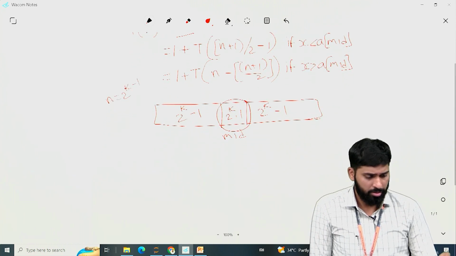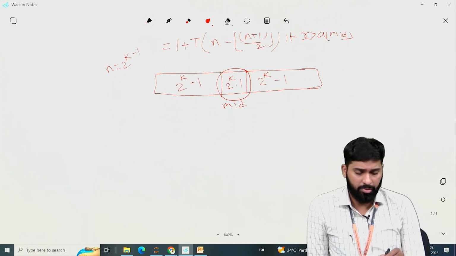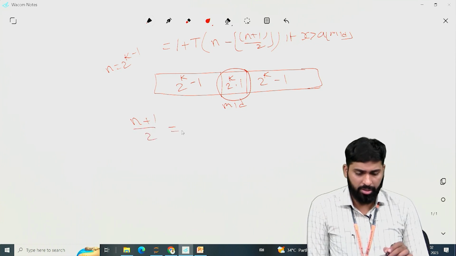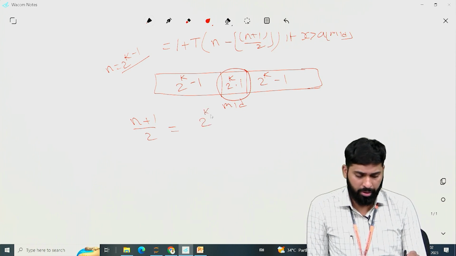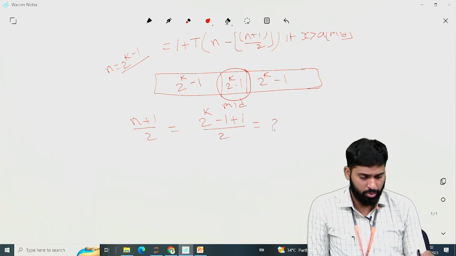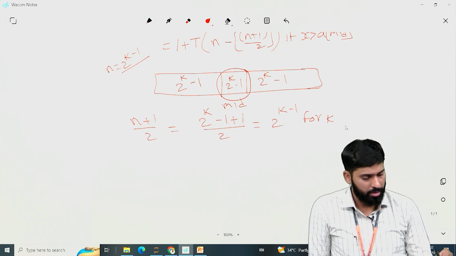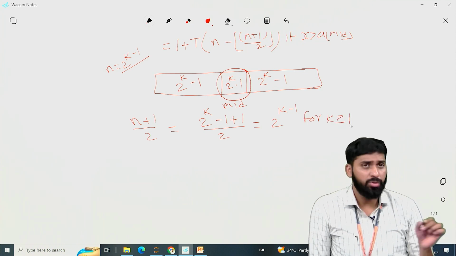Now, what is the mid value? (n+1)/2. What is n? 2^k minus 1. So (2^k minus 1 plus 1)/2 equals 2^(k-1), for k greater than or equal to 1.